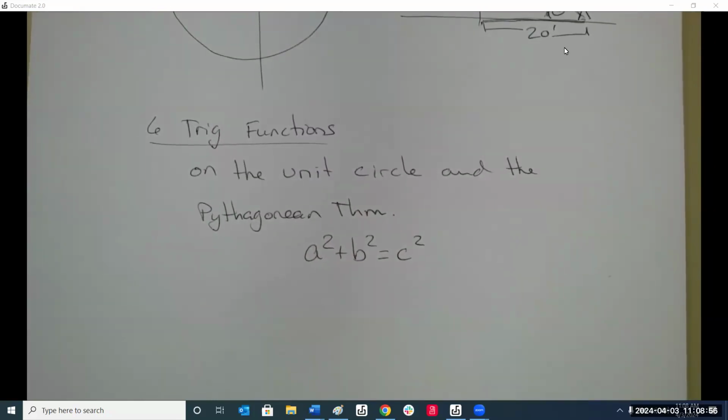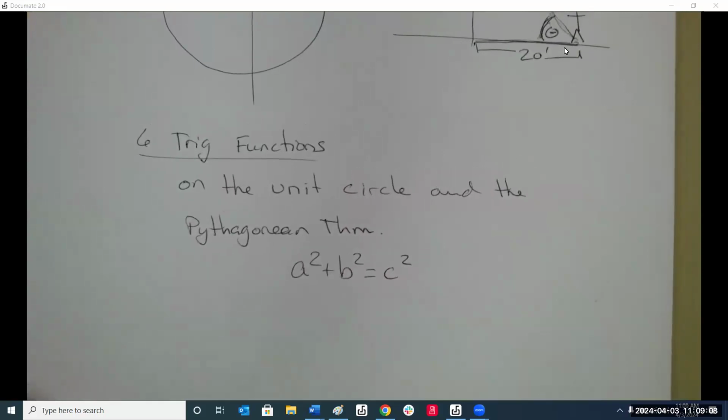In algebra, we first discuss lines, straight lines. And from there, we go into defining slopes and midpoints and distances.